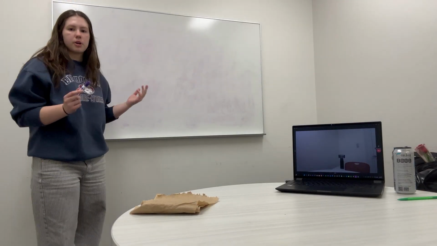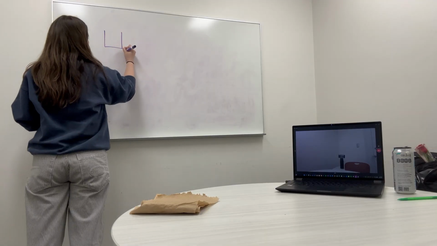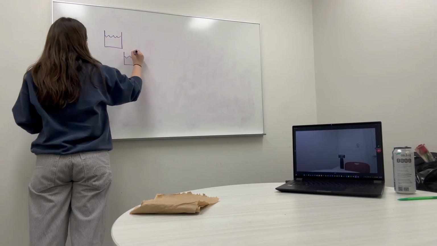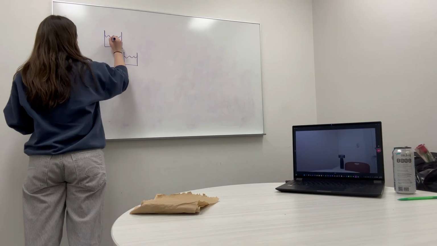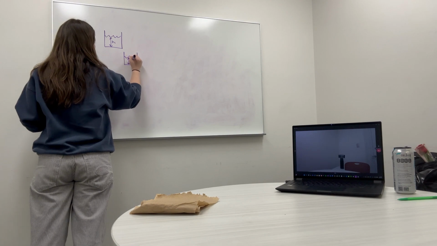All right, now to start with this problem, we can start off by drawing out our two tanks. They will both have a liquid level, which we will define as H1 and H2.